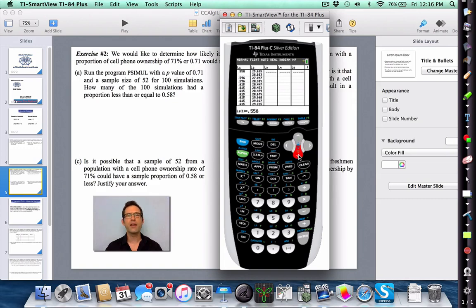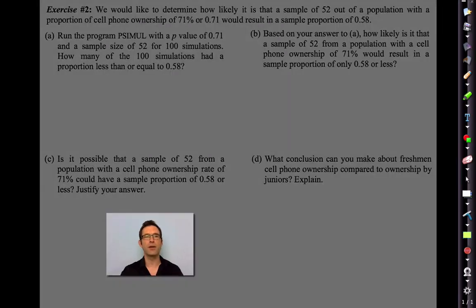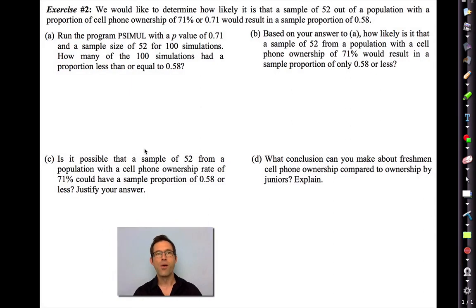All right, but going back to this, it says how many of the 100 simulations had a proportion less than or equal to 0.58? Well, that was 2 of them. 2 of those simulations, the first 2, had a proportion that was less than or equal to 0.58.